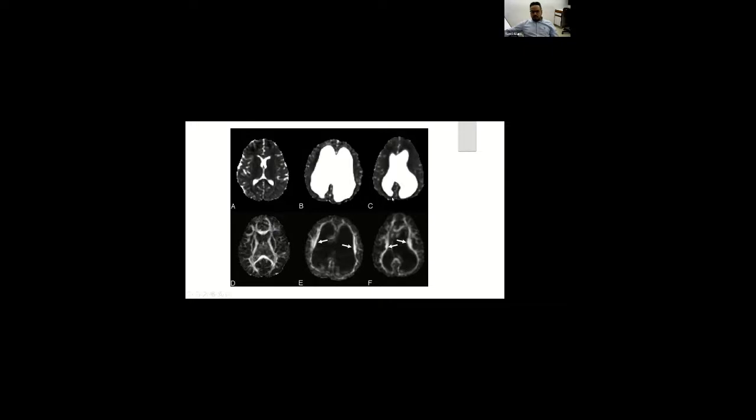In the ADC sequences, you can see that there is gross hydrocephalus, and in this figure C, there is asymmetric hydrocephalus. Now moving on to the fractional anisotropy images, this is the FA of the healthy patient. And in this, you can see that there is increased fractional anisotropy involving the corona radiata bilaterally, which we had discussed earlier.